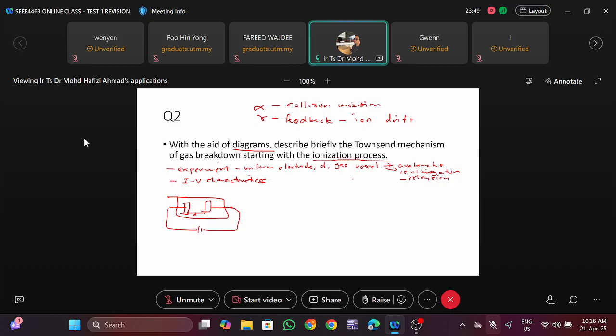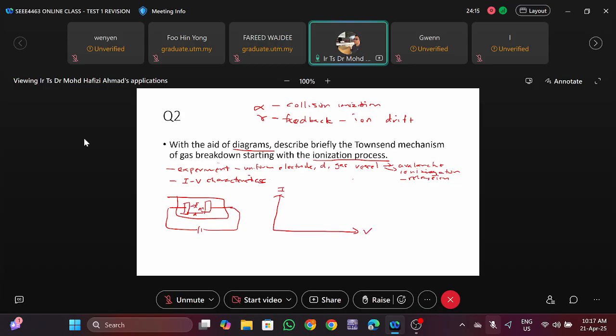Yeah, and then a small current will flow, and then this will cause some ionizations. Electron will grow up, and then it will produce positive atoms. Okay, and then what we are going to see is from the IV characteristics.